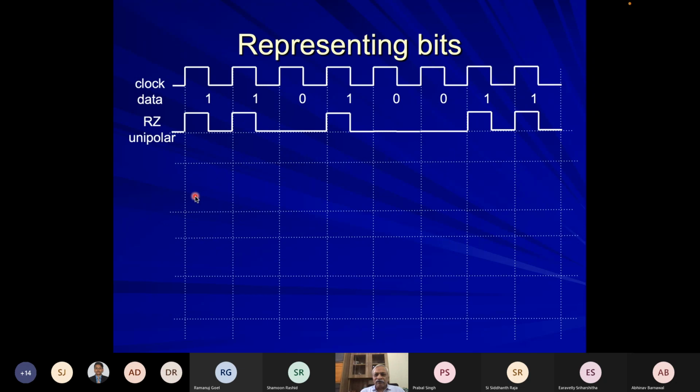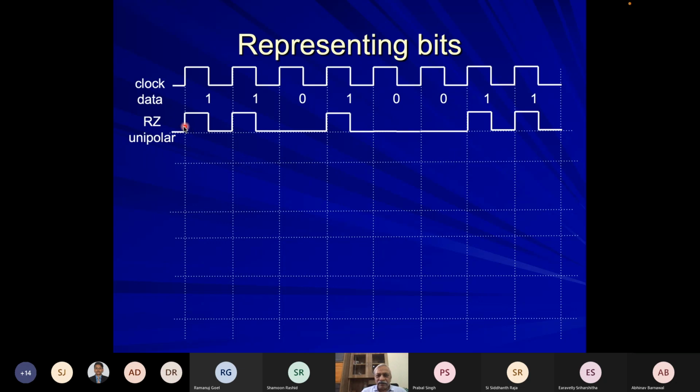So here is an example of different ways of representing a bit stream. You have, let's say, a clock, and the data is a sequence of ones and zeros. What we are showing here is how this sequence of ones and zeros is represented differently in different conventions by a voltage signal.